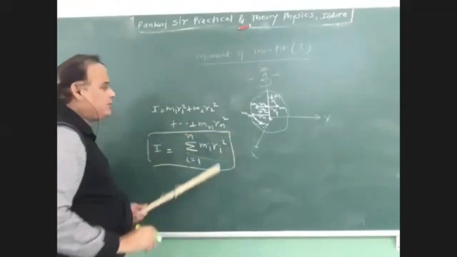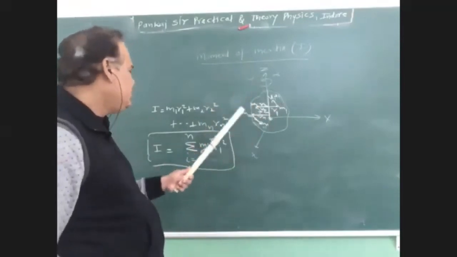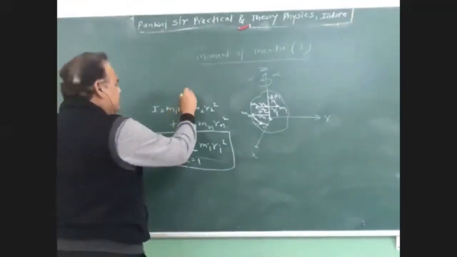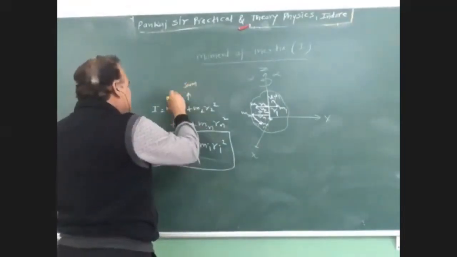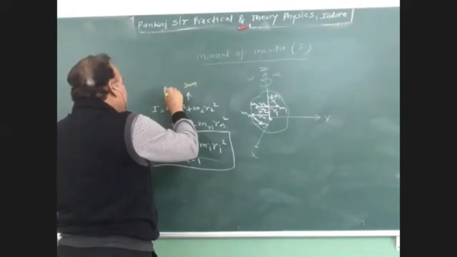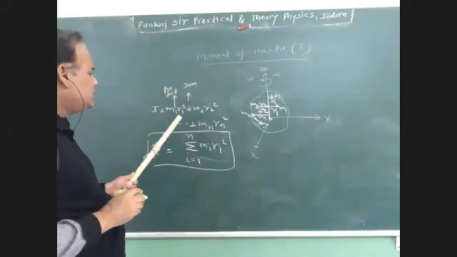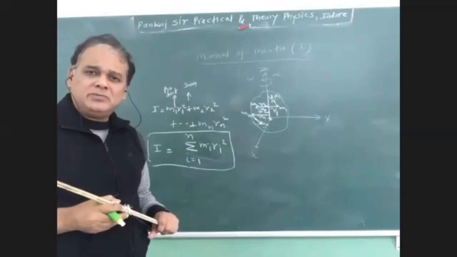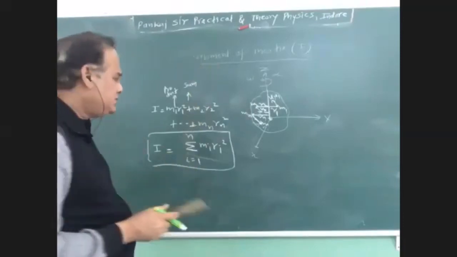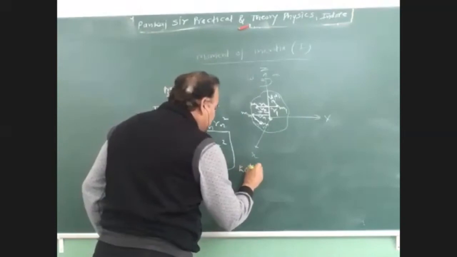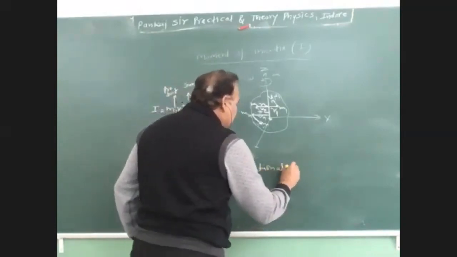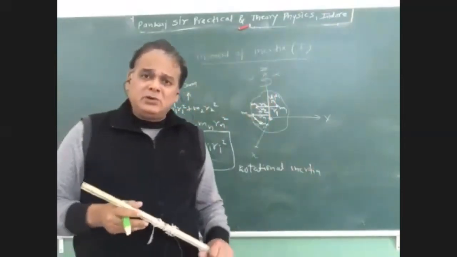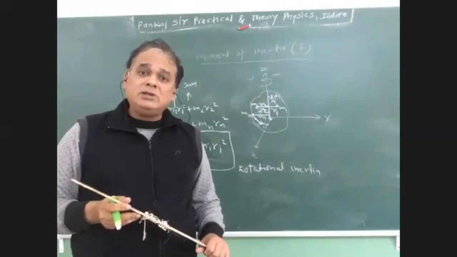So if you have to find the moment of inertia of this whole rigid body, then it is equal to the sum of the product of each individual mass with the square of the perpendicular distance from the axis of rotation. And this moment of inertia is rotational inertia. It plays the same role in rotational motion as mass plays in linear motion.